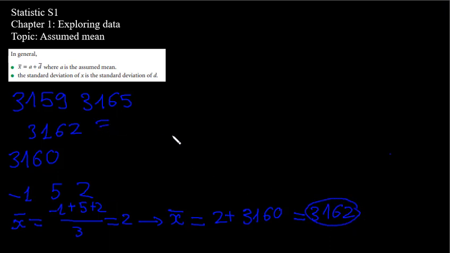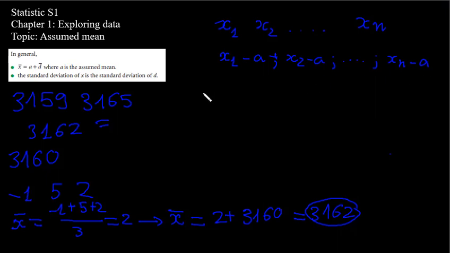So why do we have to do it like this? When we have a set x1, x2, up to xn, and we subtract a from each member, we get x1 minus a, x2 minus a, up to xn minus a.